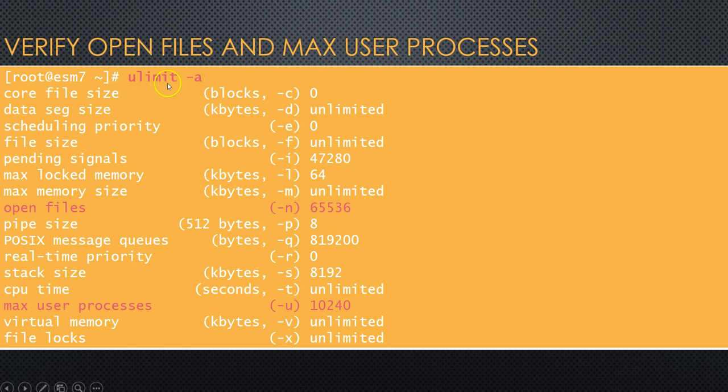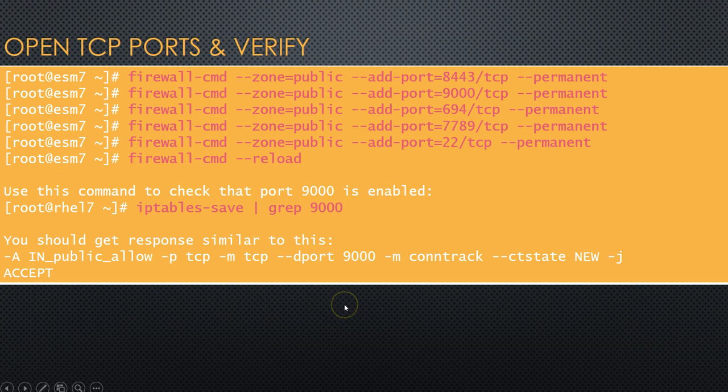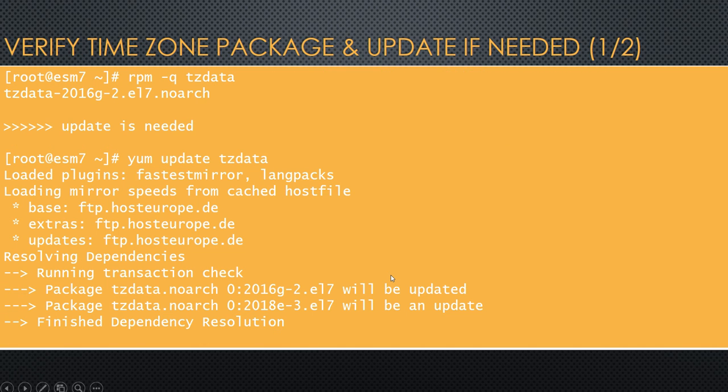After that, we verify the limits are correct, and then here we add the firewall commands to open the ports and then save them. And here is one verification that the firewall is added to open the communication.